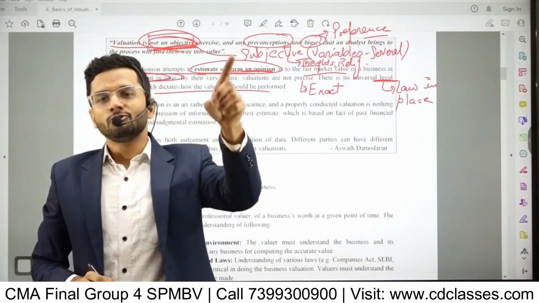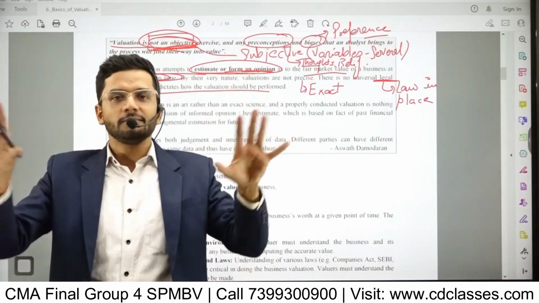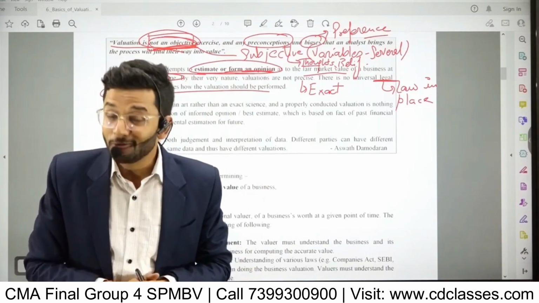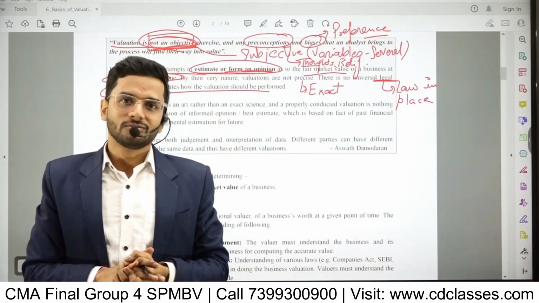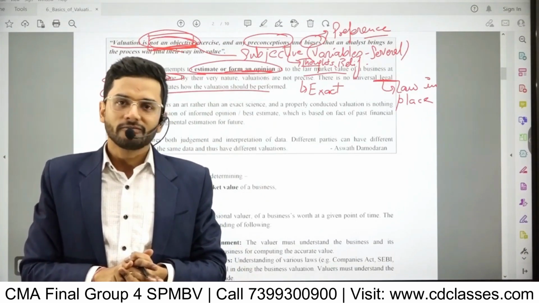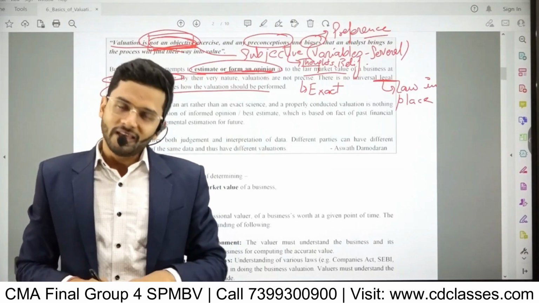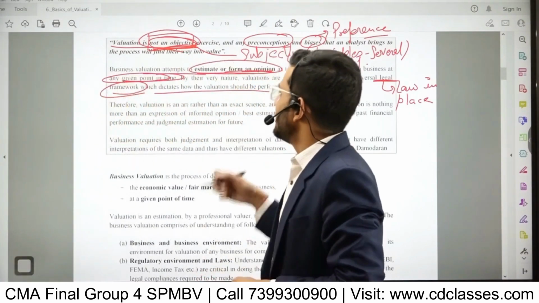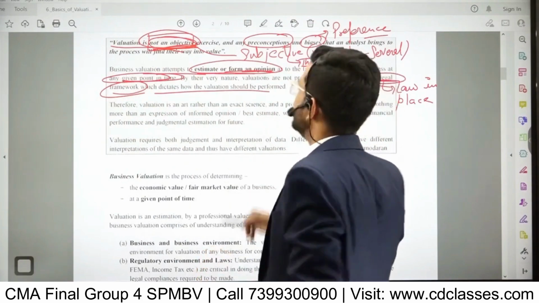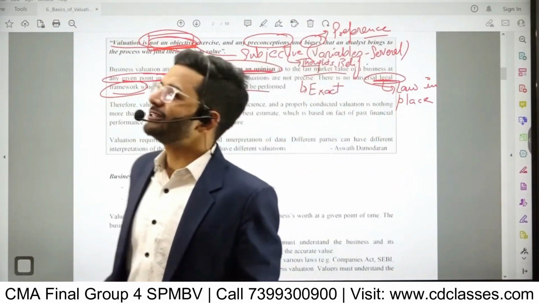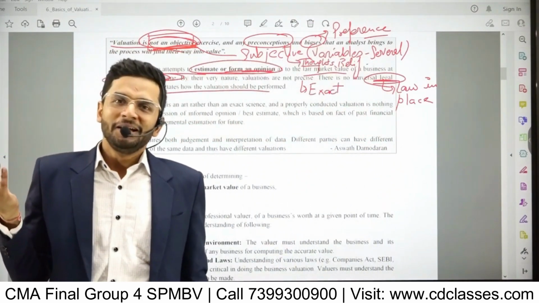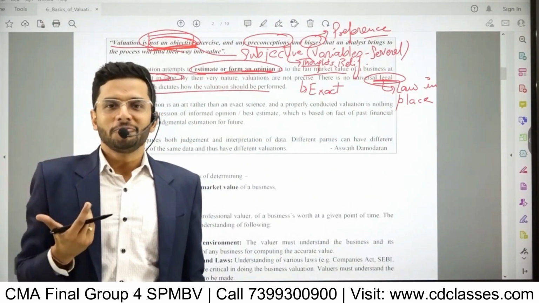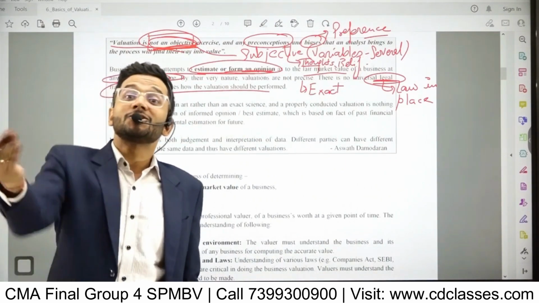So law will prohibit you from doing the wrong thing. We have a clear-cut demarcation. But in case of valuation, there is no such demarcation. There is no such distinguishing factor of what is right and what is wrong. And therefore, valuation is devoid of legal sanction. Legal sanction is not there in valuation because everything is right. Everything is right in valuation. No one can say that this is wrong and this is right.